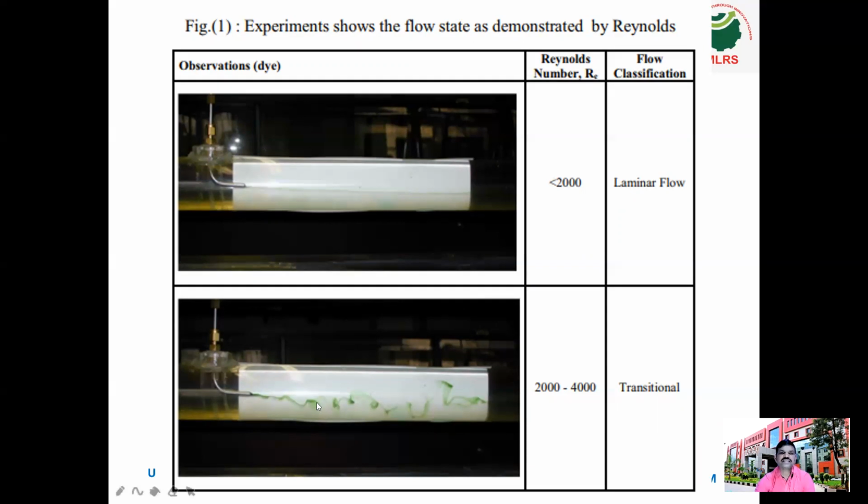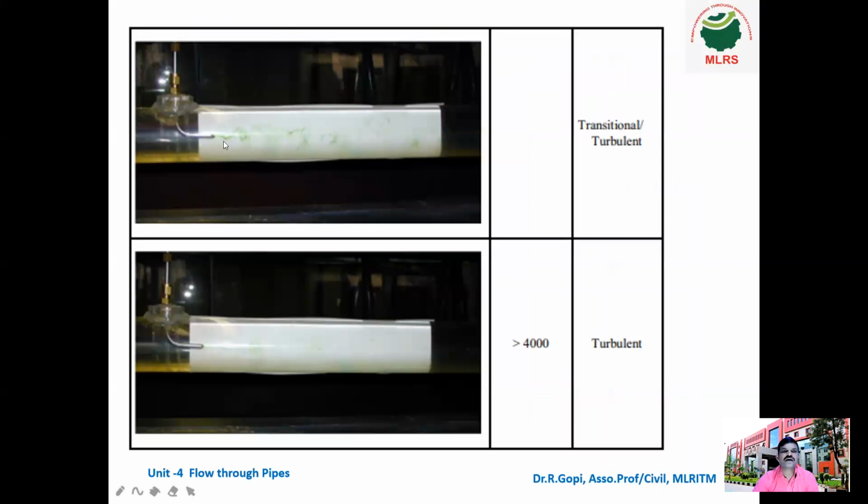Now, when we increase the velocity of flow, what happened? You can see this green color moving somewhat in a zigzag manner. Here the Reynolds number is 2000 to 4000, so the flow classification is transitional. Next, again increase the velocity.